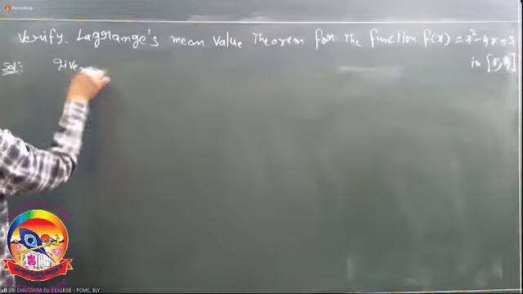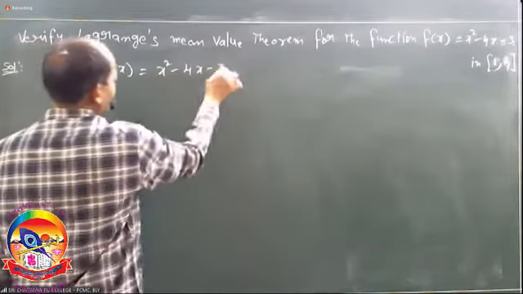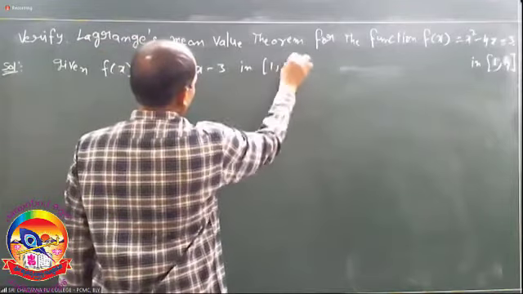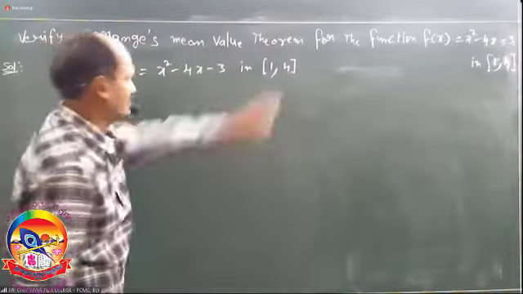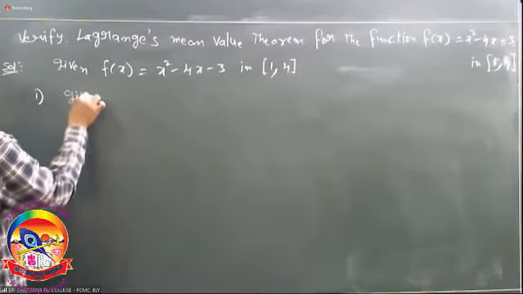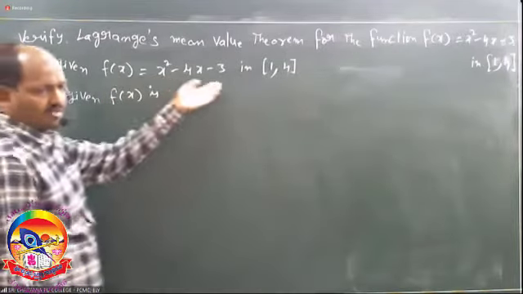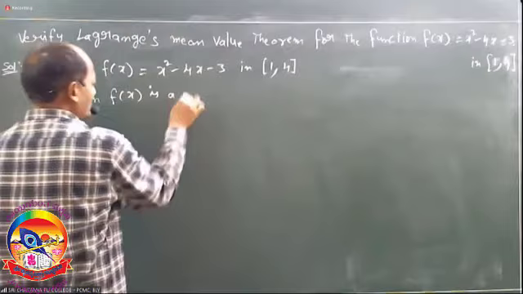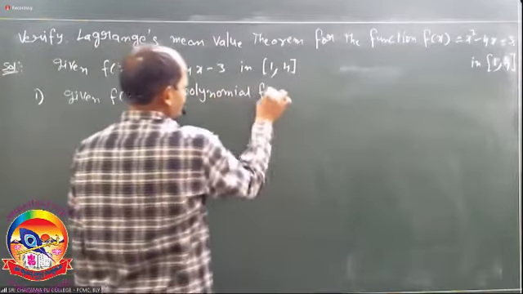Given f of x is equal to x square minus 4x minus 3 in 1 comma 4. First, given f of x is a polynomial function.